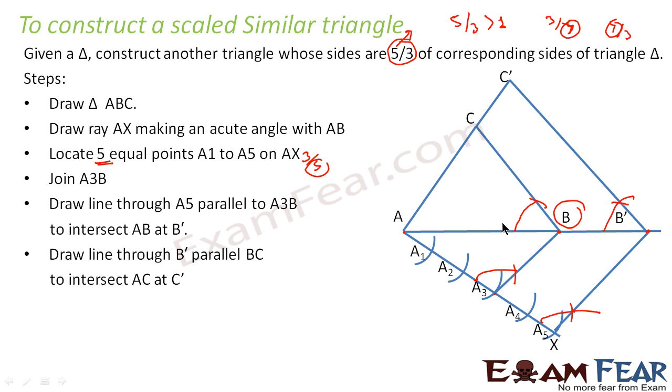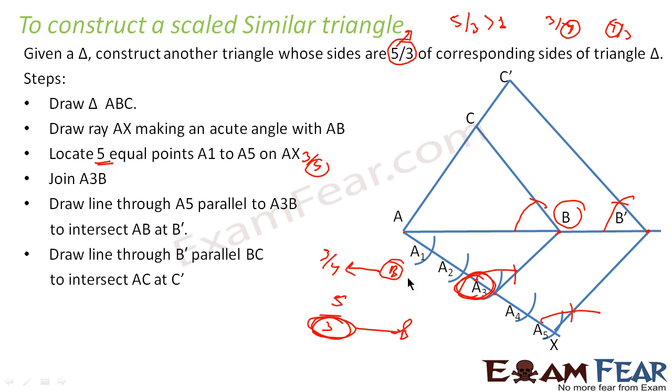Since it is 5/3, I joined B with A3, not with A5. In the last example, it was 3/4, so I joined B with A4. Here it is 5/3, so I am joining B with A3. So B has to always join with the denominator part.